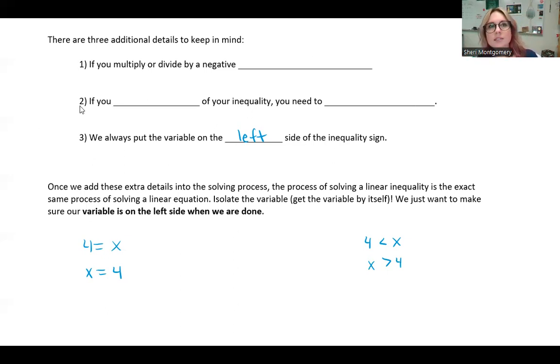So the second one is not really changing the way we solve. However, in the end, if you flip the sides of your inequality, you need to flip the sign.